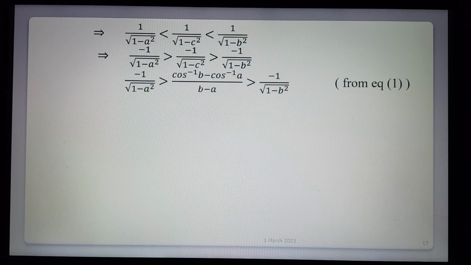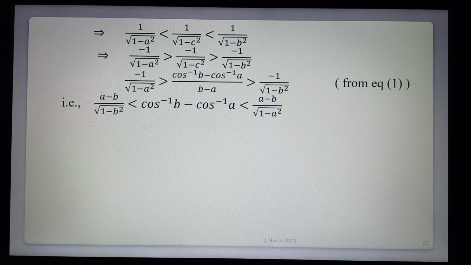From equation 1, replacing: −1/√(1 − a²) > (cos⁻¹b − cos⁻¹a)/(b − a) > −1/√(1 − b²). Now multiply by (b − a) on both sides.